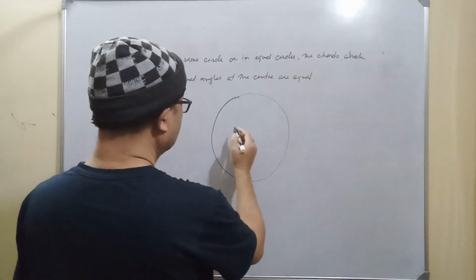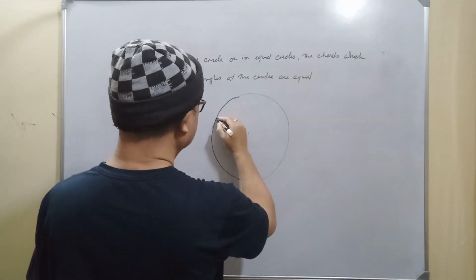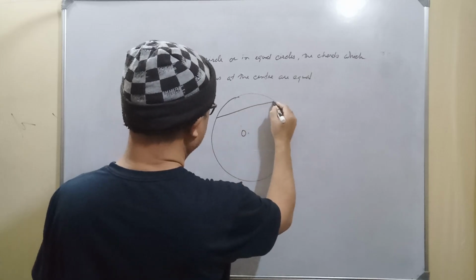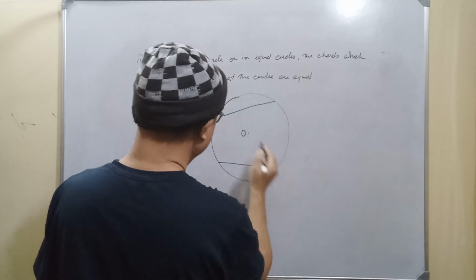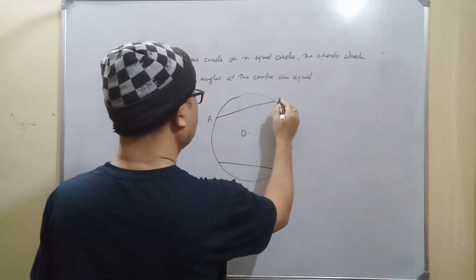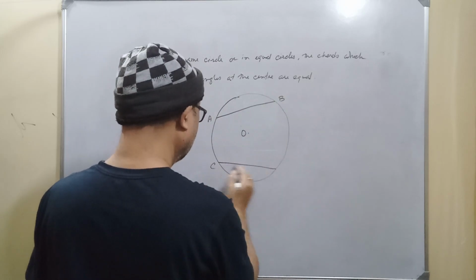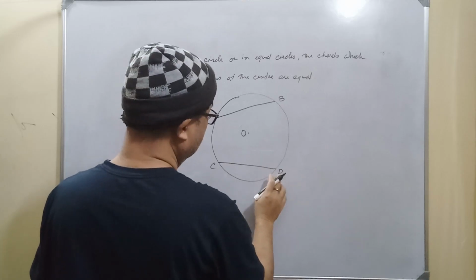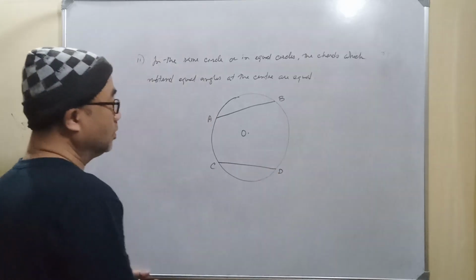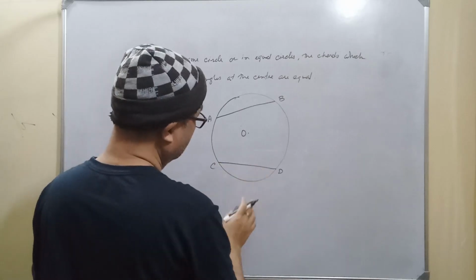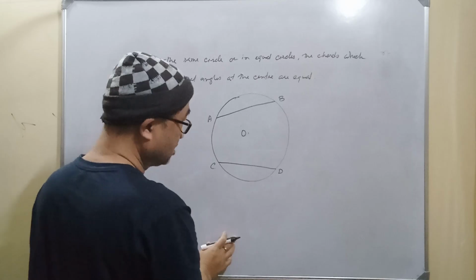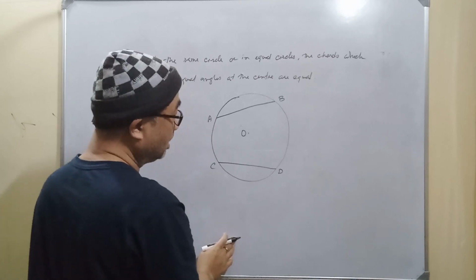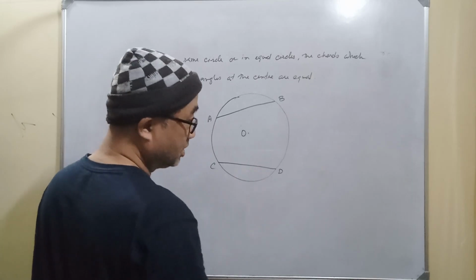Now let us take two chords, AB and CD. Okay. What is a chord? Chord is any line which joins two points on the circumference of the circle and is not the diameter.